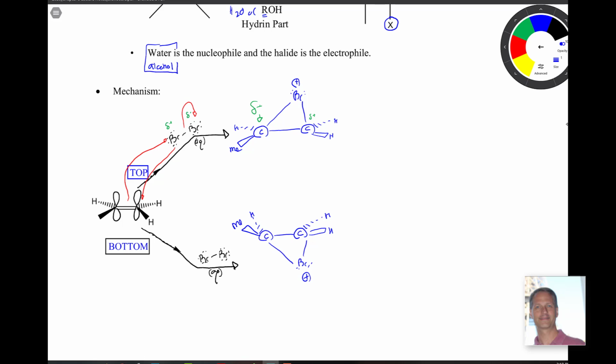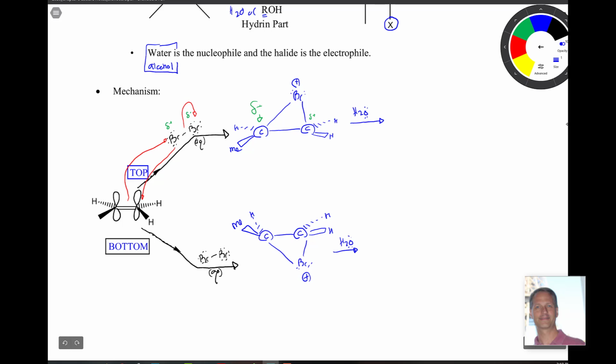So the only thing that differs in this second reaction here, halohydrin formation, is that we are going to have a lot of water present or a lot of alcohol. So once this bromonium ion forms, we're going to have water attack. So put your water in there.